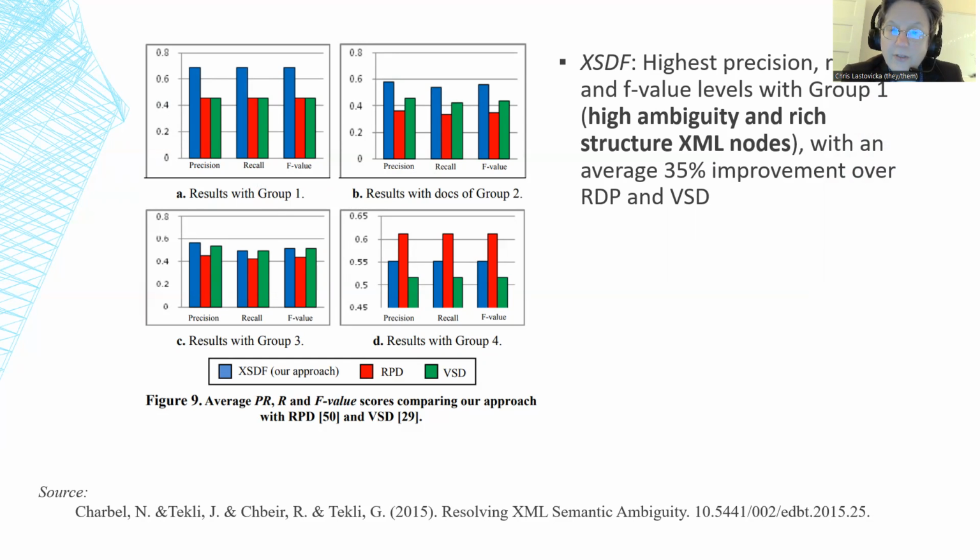The difference is that this new model, XSDF, performs really well compared to these other 2 with terms that are highly ambiguous. And in the bottom right, where it doesn't perform well, the documents in that group were made up of terms that were clear.